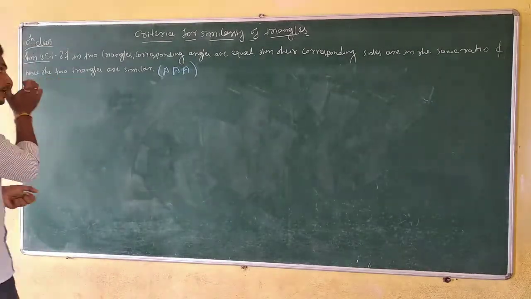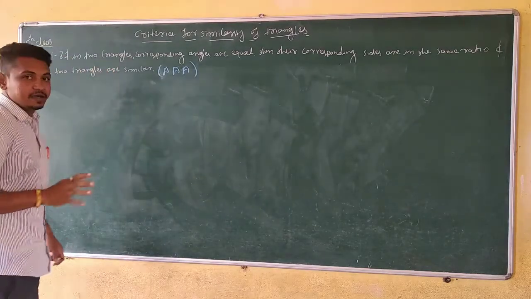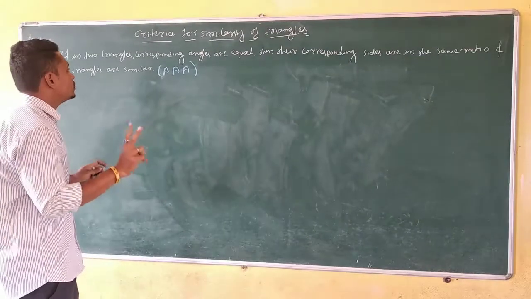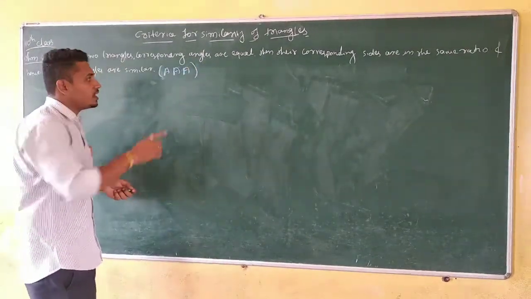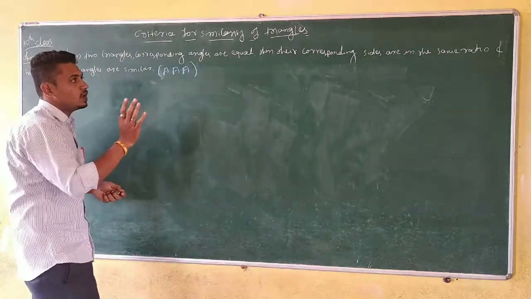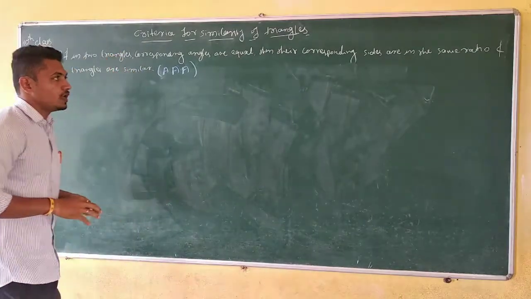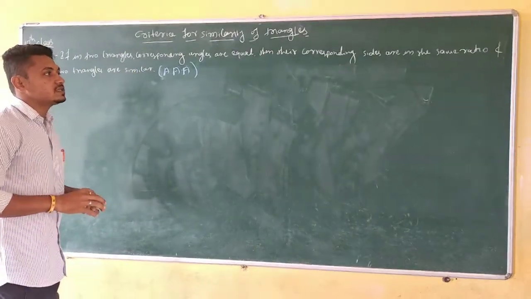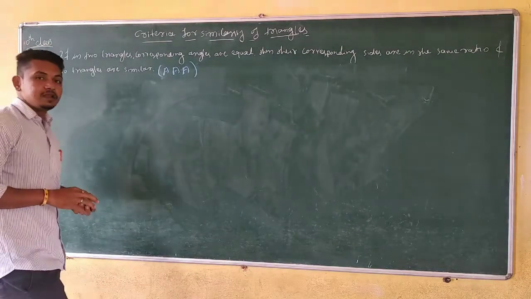Next, see here the statement of the theorem. If in any two triangles the corresponding angles are equal, the three corresponding angles are equal, then their corresponding sides are in the same ratio and the two triangles are similar.